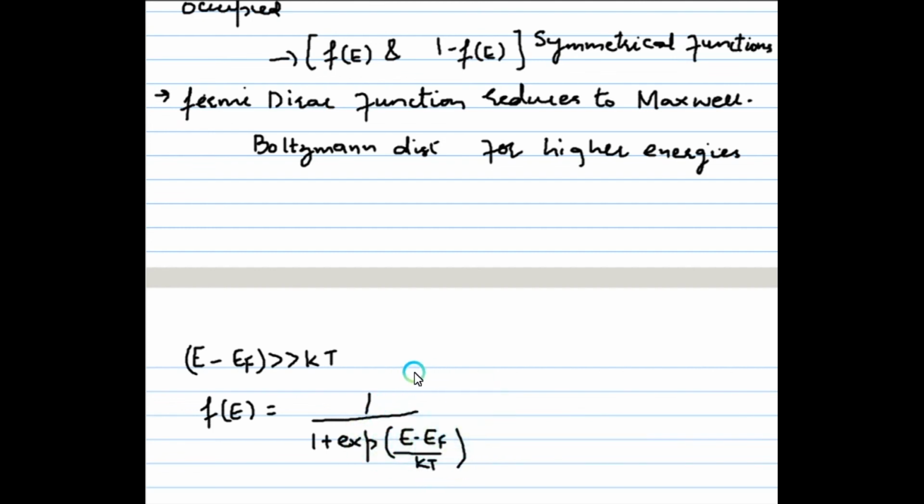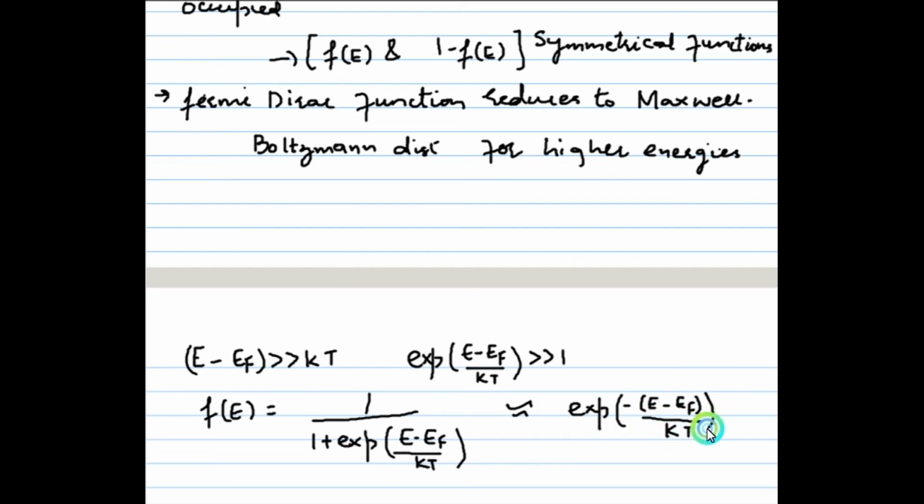Okay, so this exponential term becomes much greater than 1, and this distribution function equals exponential of minus (E minus EF) upon KT.